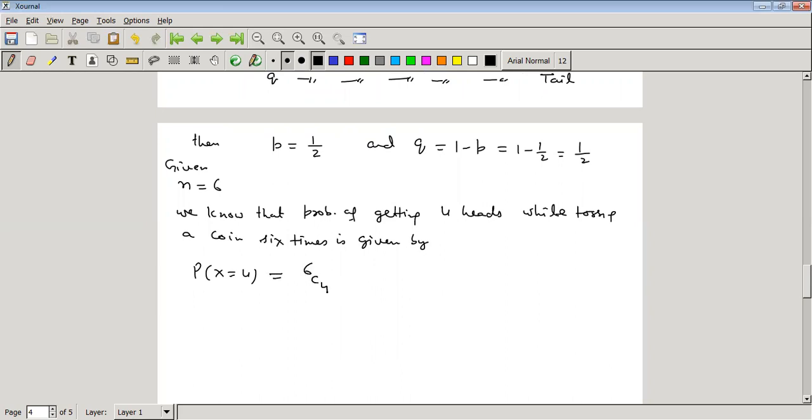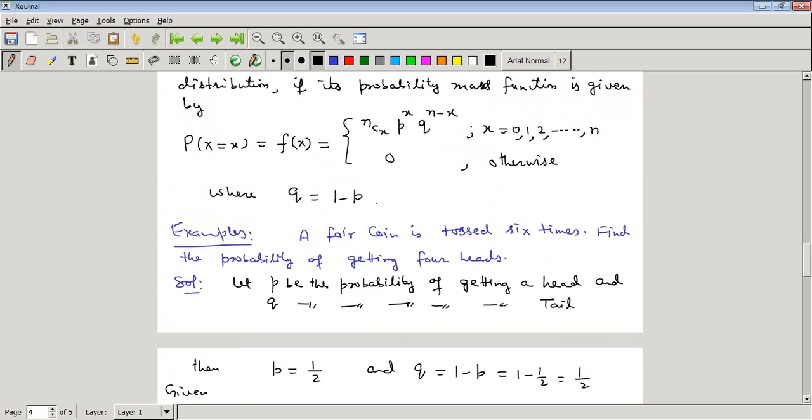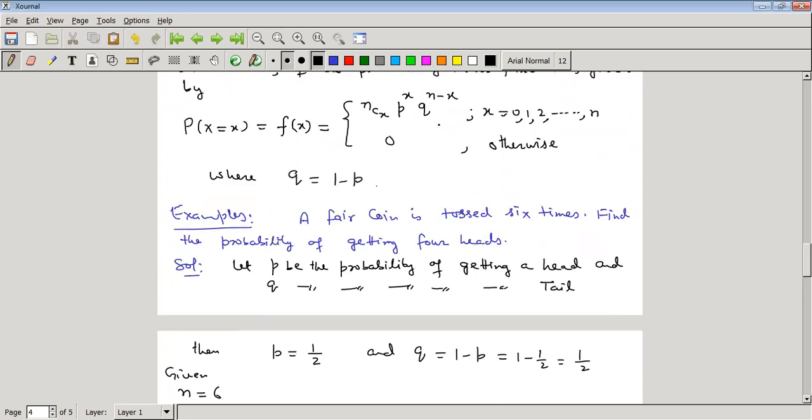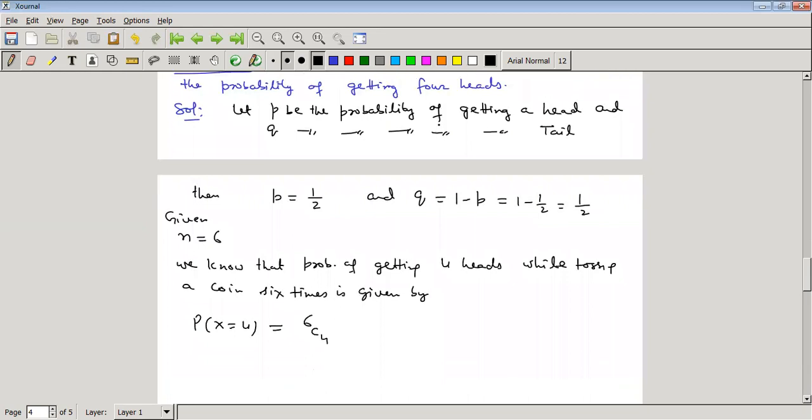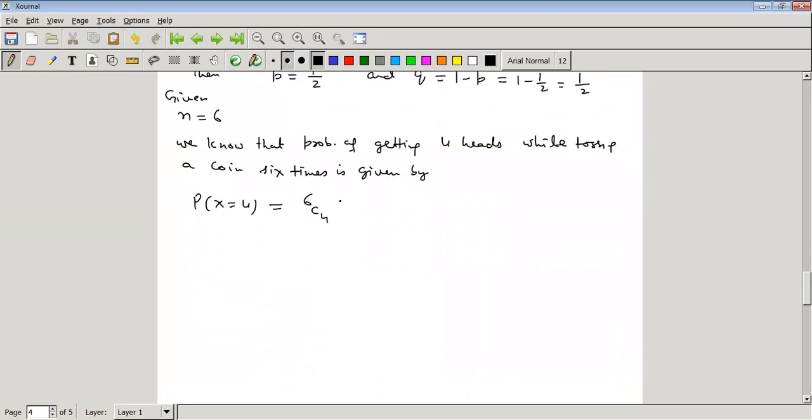So we use nCx p to the power x q to the power n minus x. So nCx means 6C4, p is 1 upon 2 to the power 4, into, again q is 1 by 2, to the power 6 minus 4.